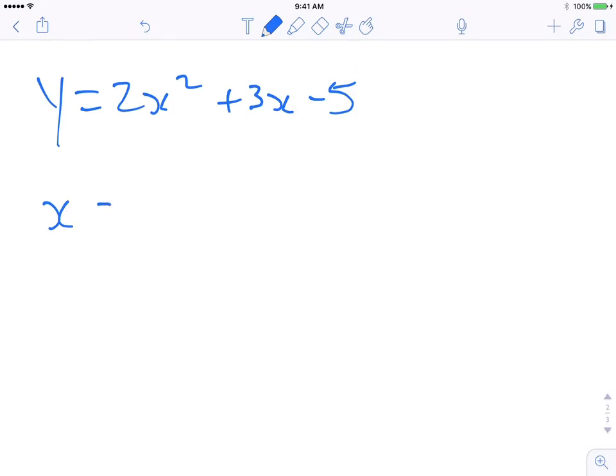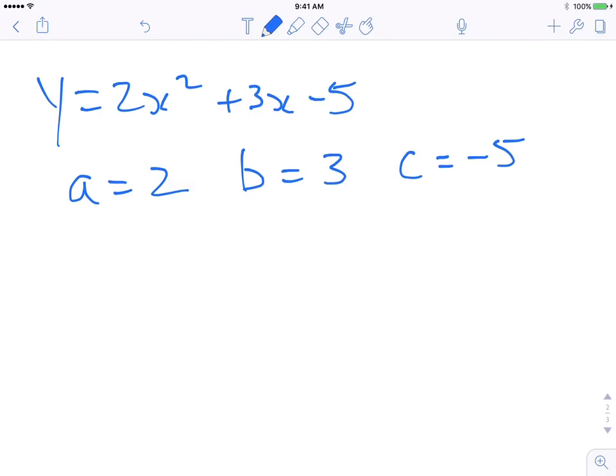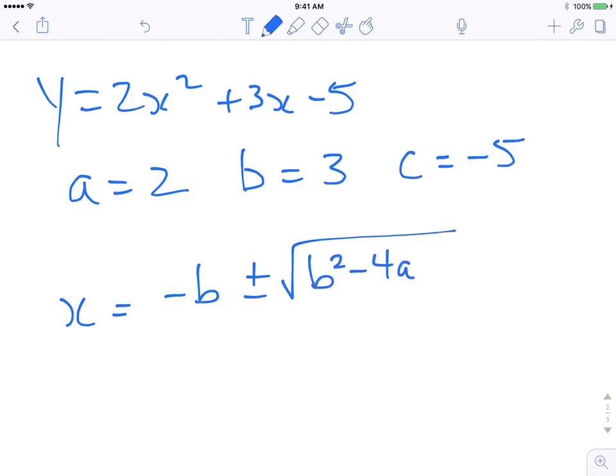And the quadratic formula, first, before we write that, I want to write this down. So I know the a value is equal to 2, the b is equal to +3, and the c value is -5. The quadratic formula looks like this. -b plus or minus the square root of b squared minus 4 times a times c, and the entire thing is over 2a.